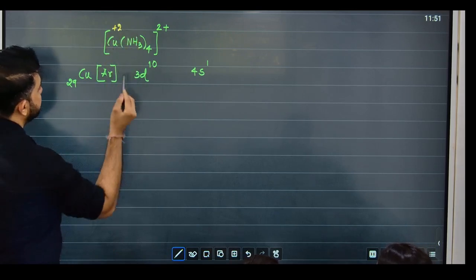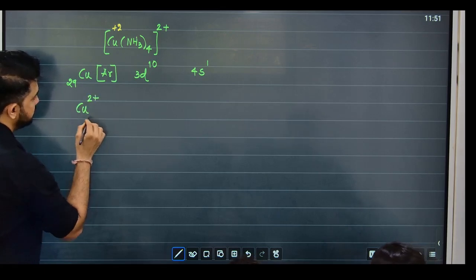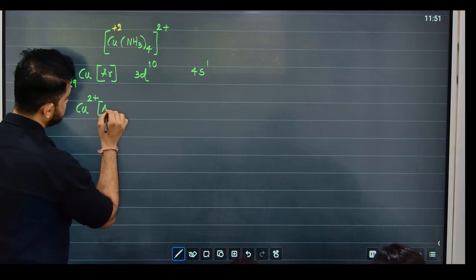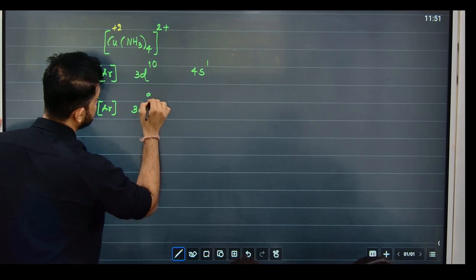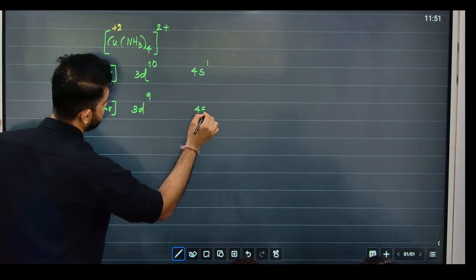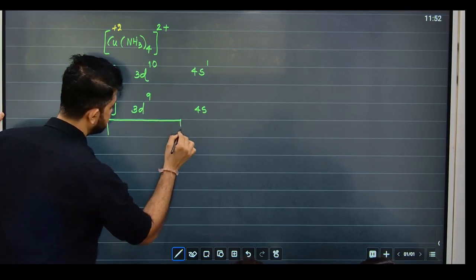Plus 2. Copper क्या बन जाता है? Give me the configuration with Cu plus 2. So this becomes 3d9, 4s0. Okay, 3d9 is something like this.